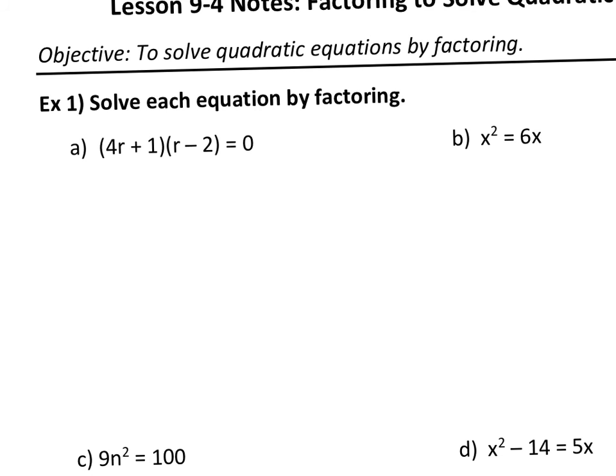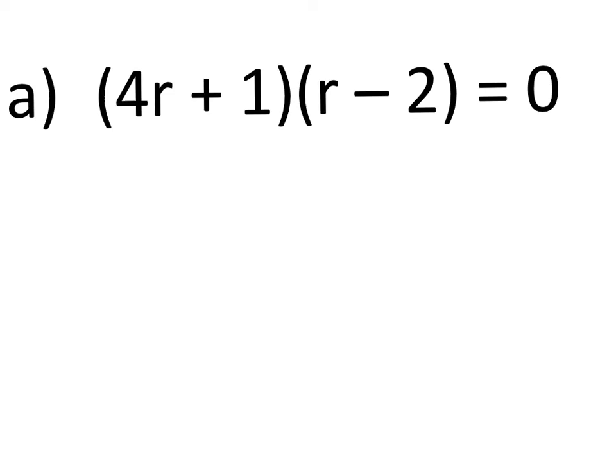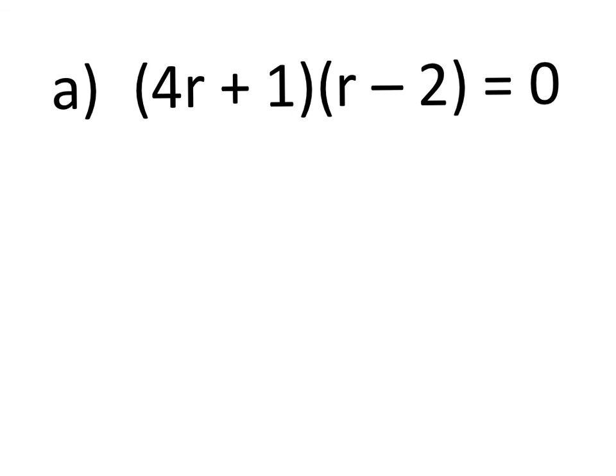Okay, so when I look here at 1A, this one is always one of the hardest ones, but it's the easiest one. They have already factored for you. So when you already have your factors, when it's set equal to 0, this is called zero product property. When you have two factors equal to 0, you can then just set each one, so 4r plus 1, equal to 0, and the r minus 2, equal to 0.